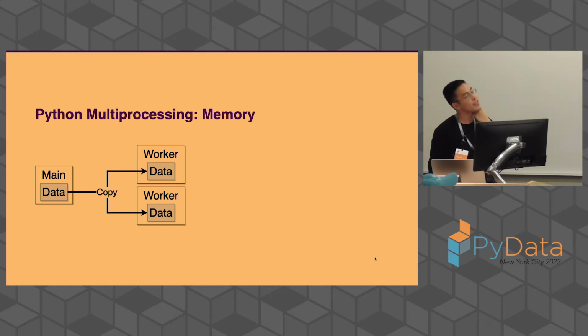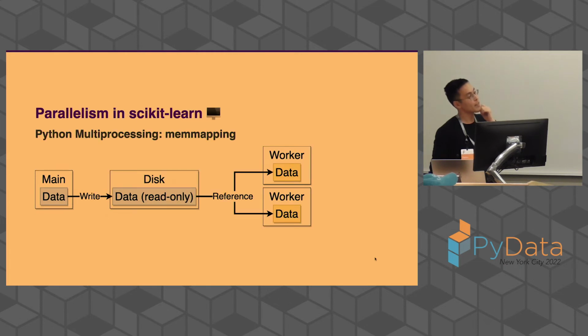What scikit-learn does is write your data to disk as read-only. This is a very common paradigm with other frameworks that do multiprocessing. It writes the read-only data, and your workers just reference that data and compute on it. Which means the workers reference one single copy of the data, so it doesn't copy it to each worker. And this is using memory mapping.